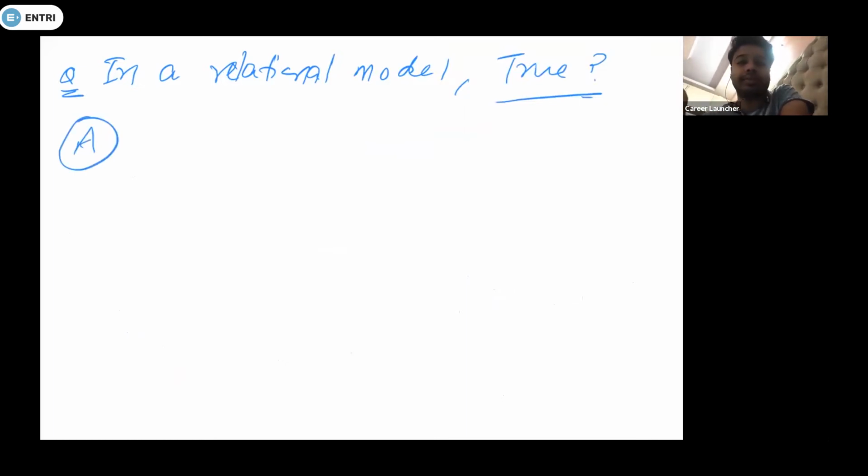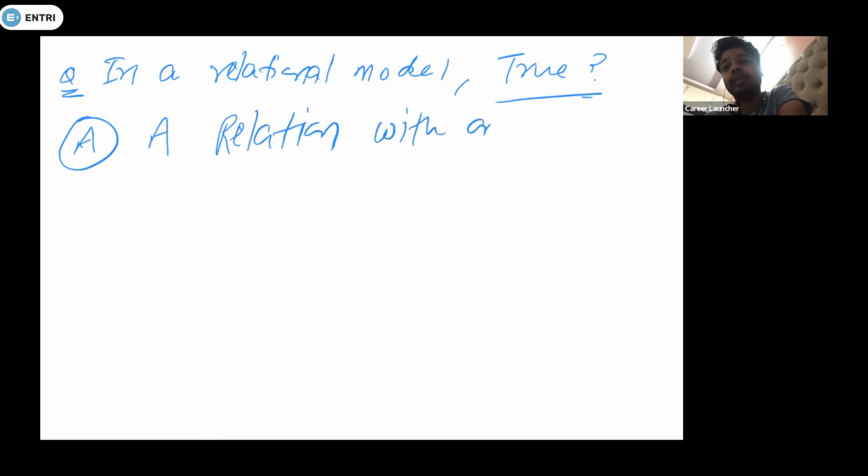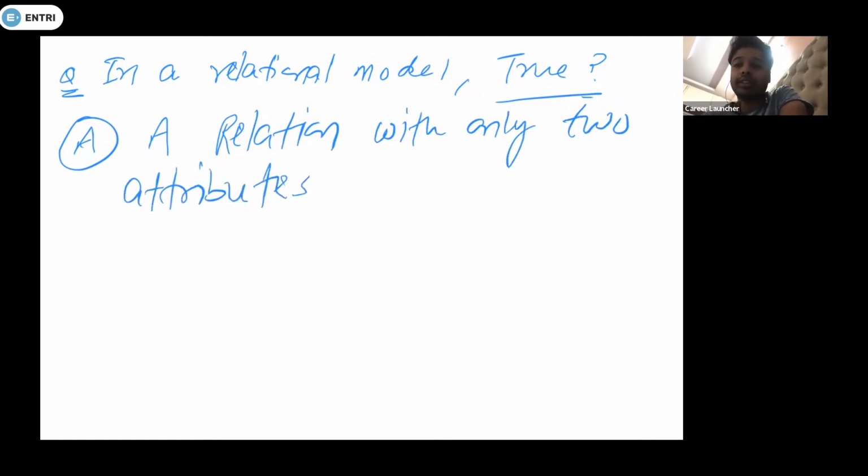So option A is: a relation with only two attributes is always in BCNF.